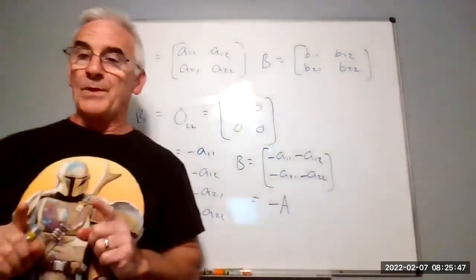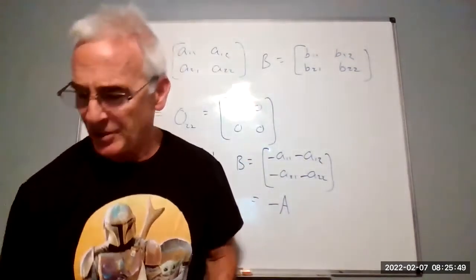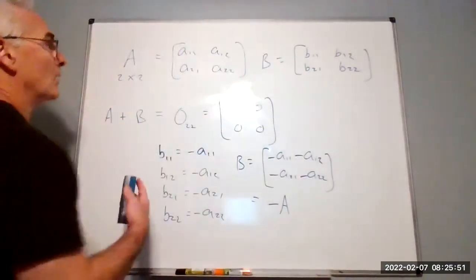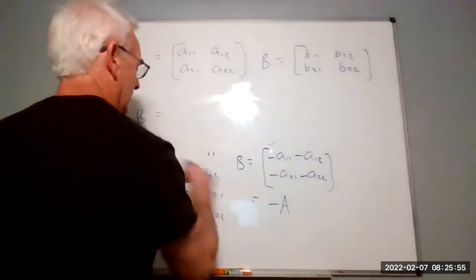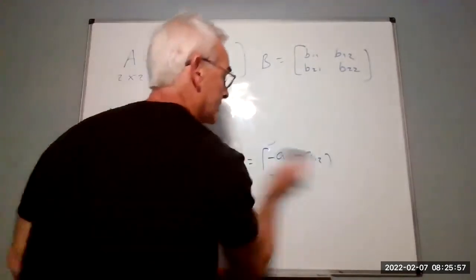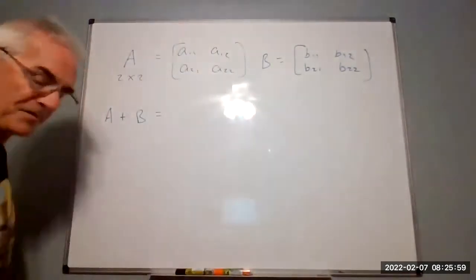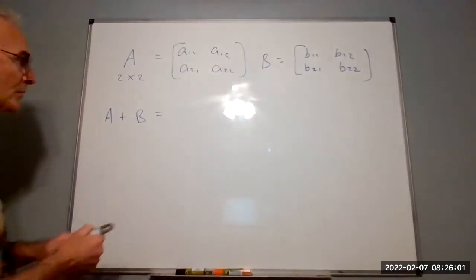So we've got that. Now, what about commutativity and associativity? Will those apply? Here's the question in general now, because again, I want to know what parts of matrix algebra act like real numbers.